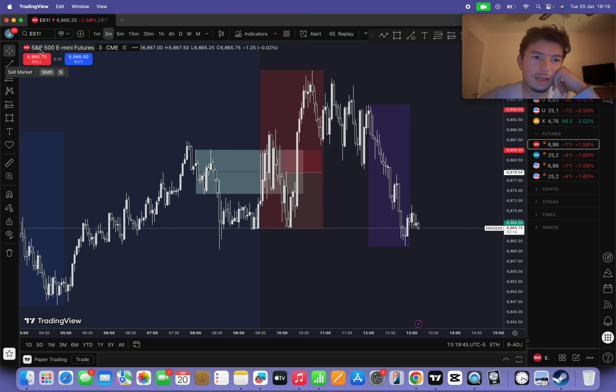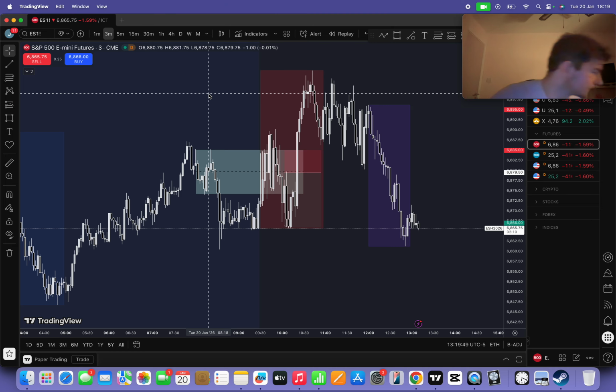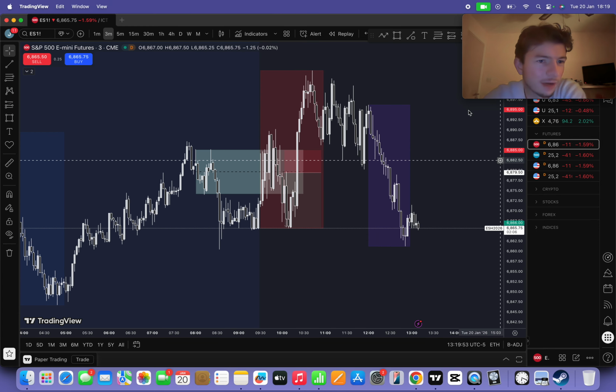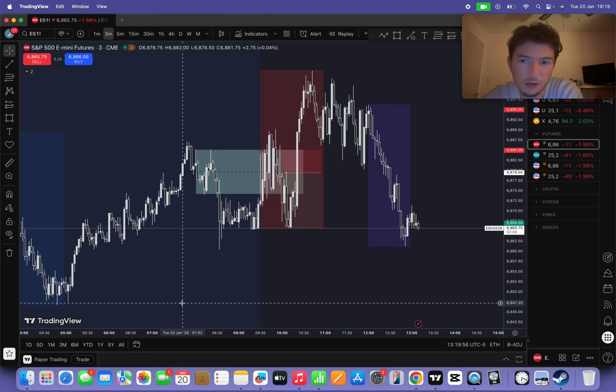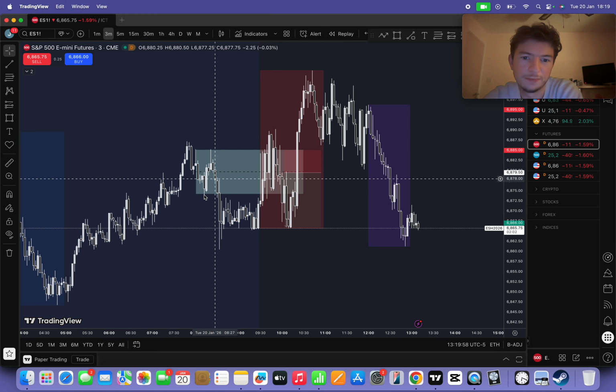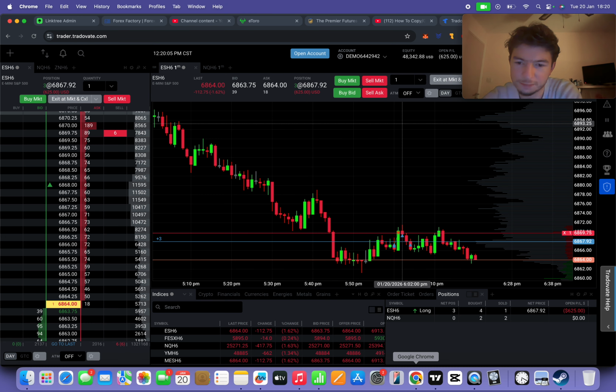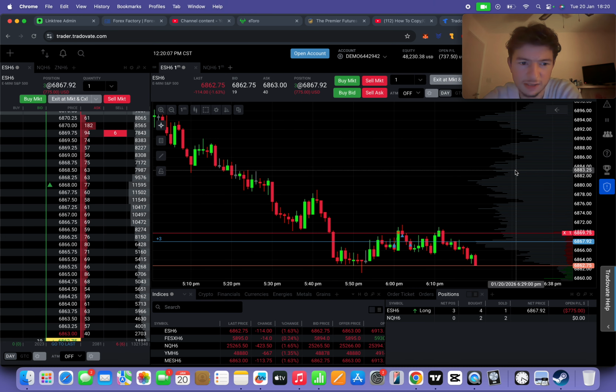So these are different as well, which is kind of annoying, because ideally I would like to look at TradingView and set up my stuff on there and then come into Tradovate and place the orders like that.